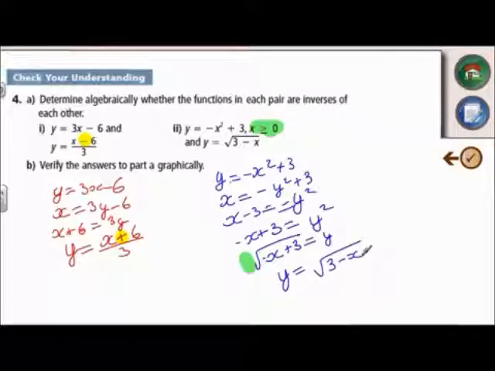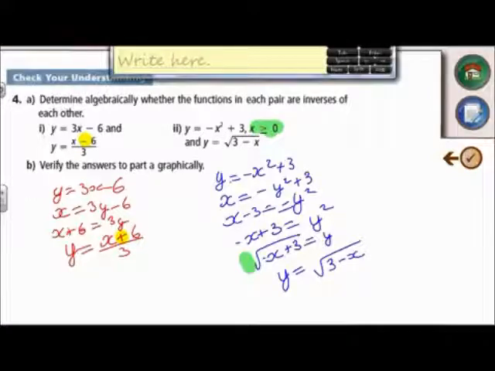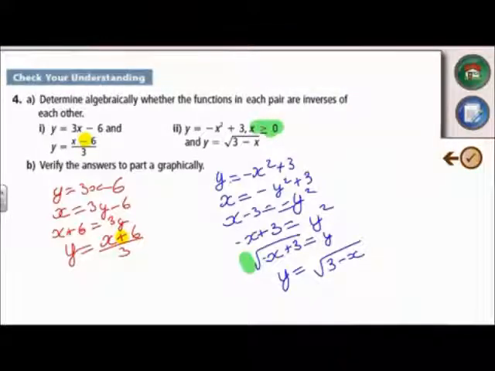Now, graphically, doing these. The way that you can prove this graphically is by putting in your first equation, y1, putting in your second equation, y2. So graph the first one, y1, graph the second one, y2.